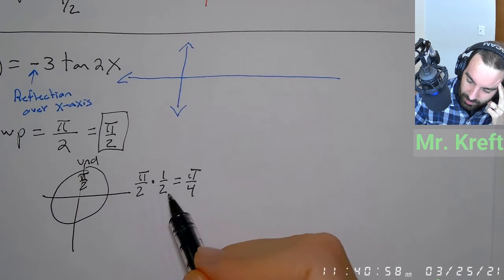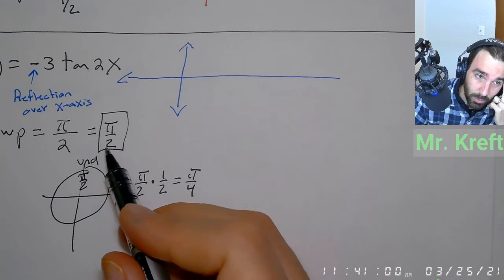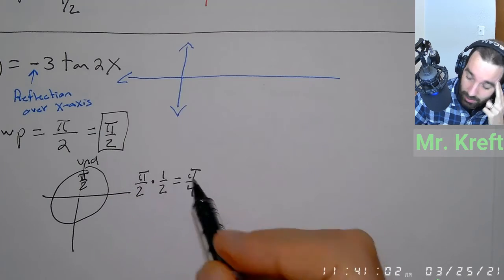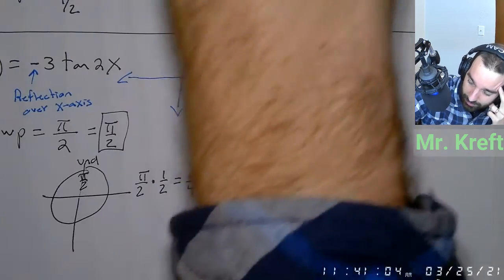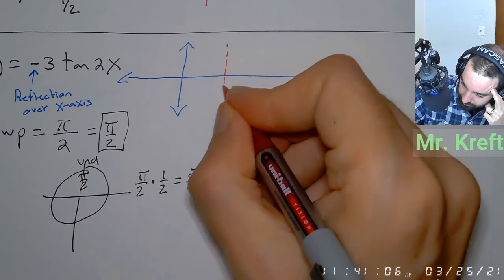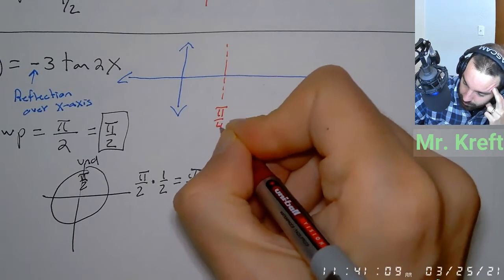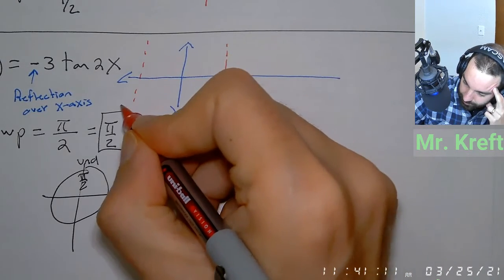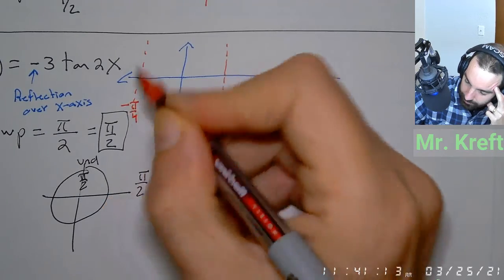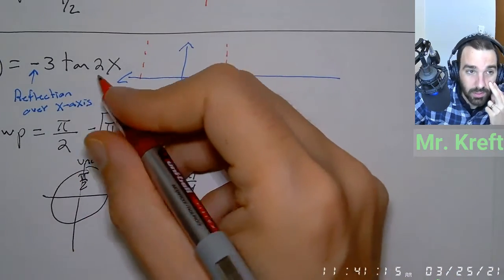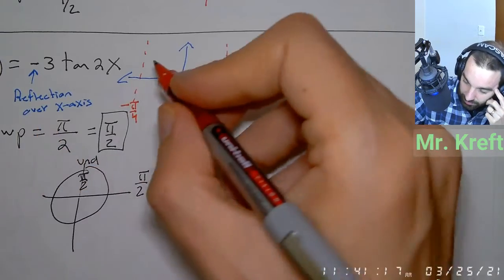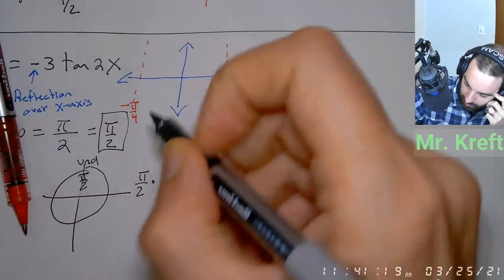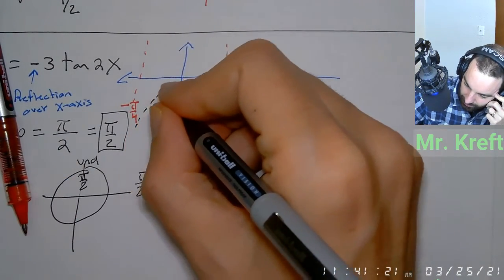So pi over 2 times 1/2. Do you guys see how it's a factor of 1/2? Dilation by a factor of 1/2, so I get pi over 4. So when I go to graph this, this is pi over 4. This is negative pi over 4. And then the only thing is, because we're reflecting over the x-axis, it used to look like this.